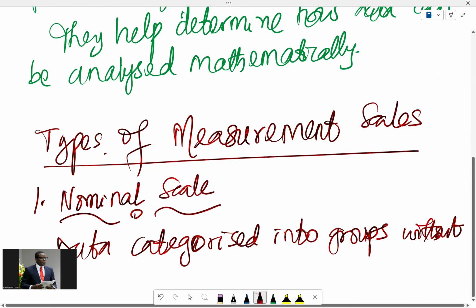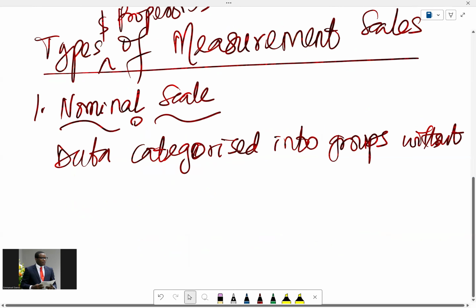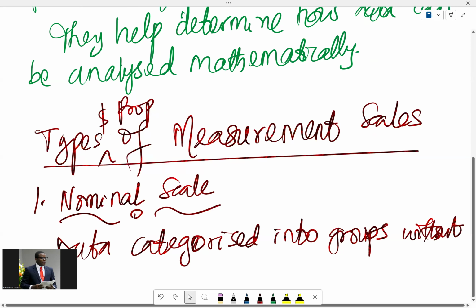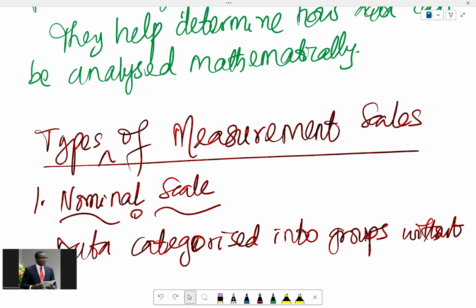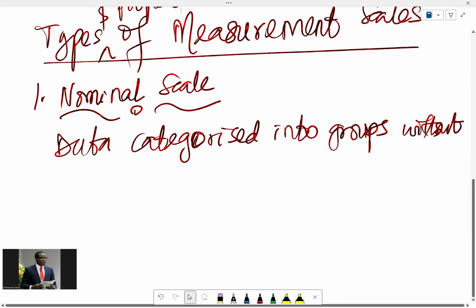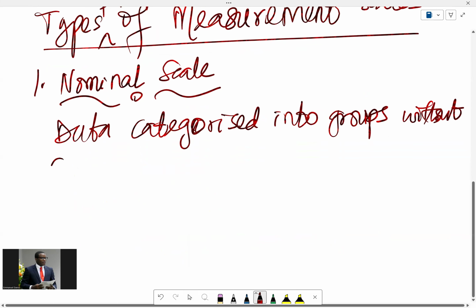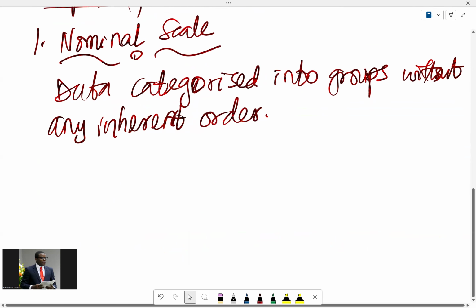Okay, let me talk about types and properties of measurement skills. So we can just take everything in a blow. So nominal scale talks about data categorized into groups without any inherent order.